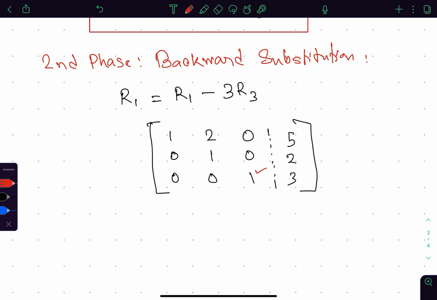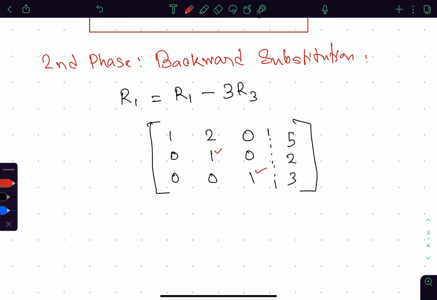Because we have eliminated all the elements above this pivot, and there is nothing below it, now we'll move on to the next one, as the right to left strategy applies. Here we have another element on top of it too, and we need to clear it.